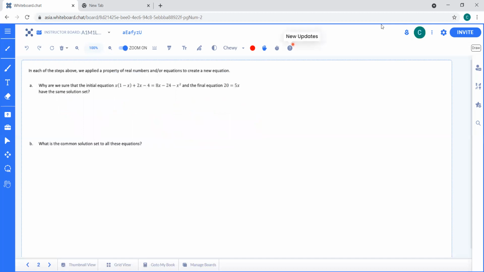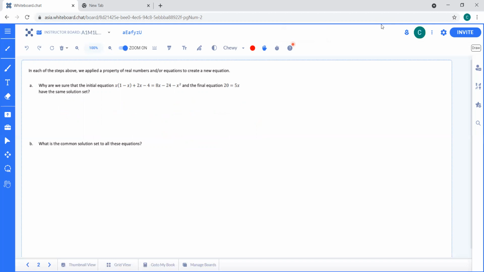So let's see here. In each step above, we applied a property. Why are you sure that the initial equation and the final expression, 20 equals 5x, are the same? Why do we say that those are the same?